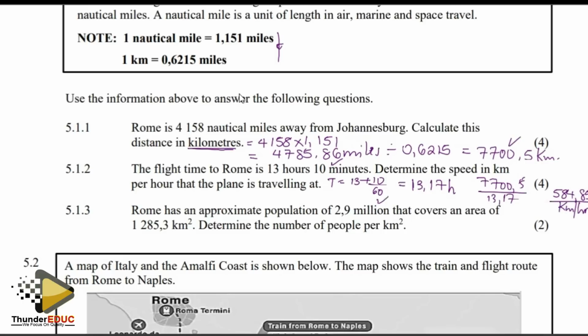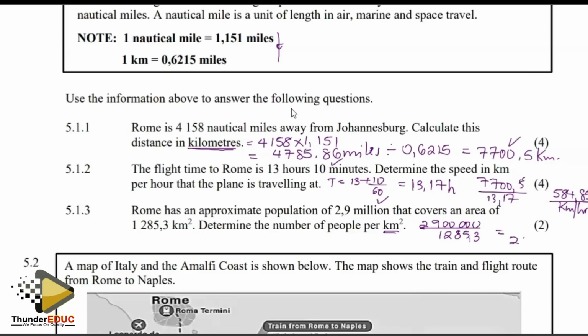So the number here per kilometer means we're dividing by the area. So this distance has to be, the number of people have to be numbers. So 2.9 million is the same as this much. So we divide by 5.3.